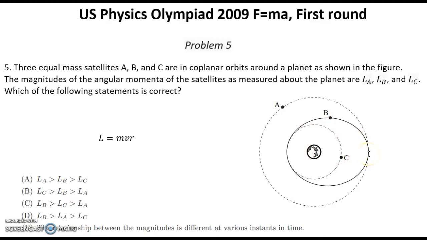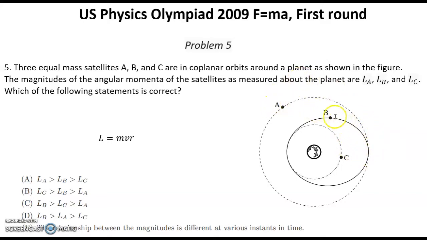It means that angular momentum greater for satellite A. Angular momentum is conserved, so it doesn't matter where we measure it. So we just established a first relation.